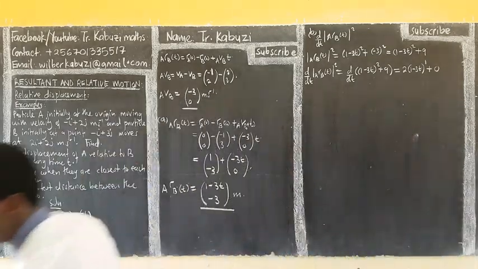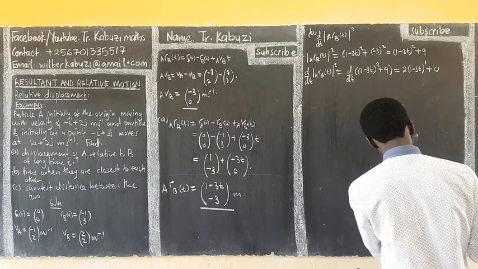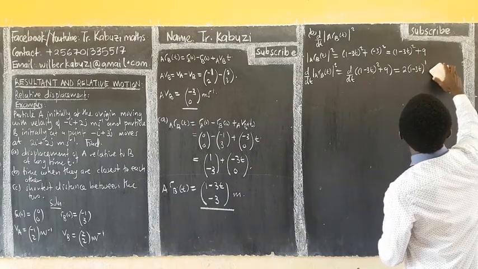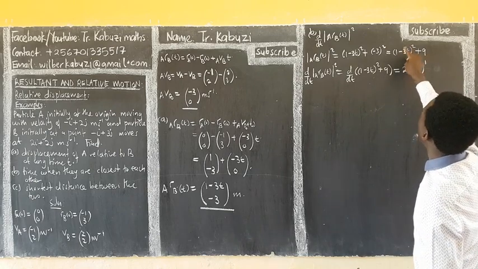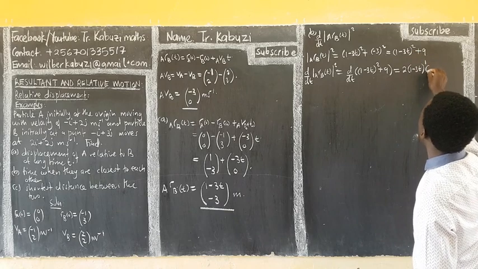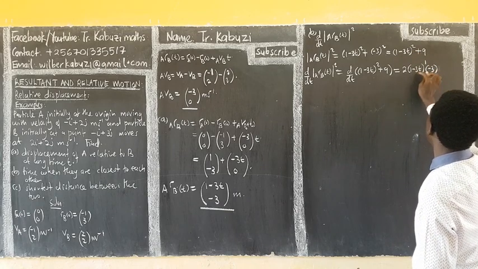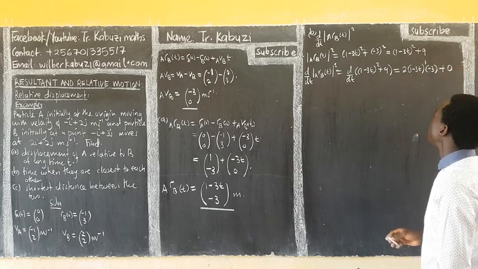Don't forget to differentiate the brackets, because we are using the chain rule. After we lower the power, we reduce the power by 1, and after we differentiate the bracket, we get negative 3. Then plus, when we differentiate 9, we get 0.